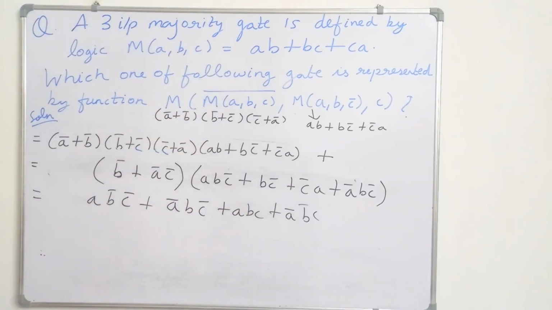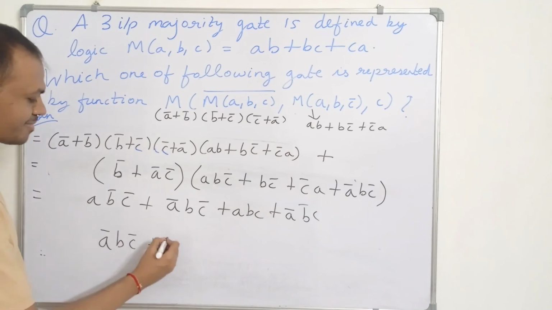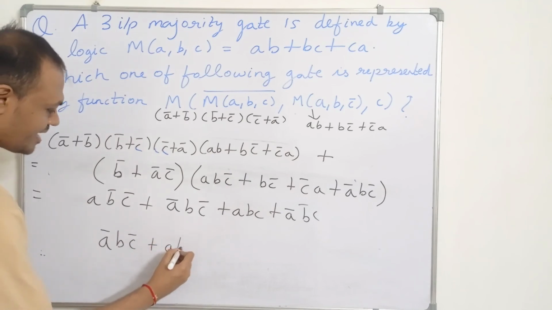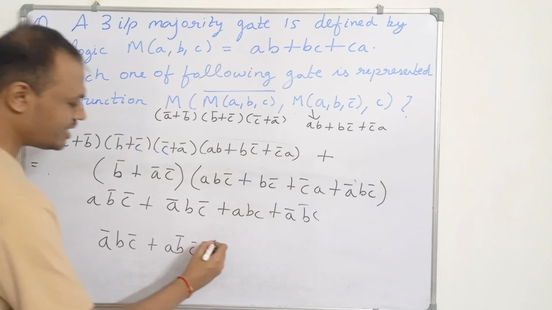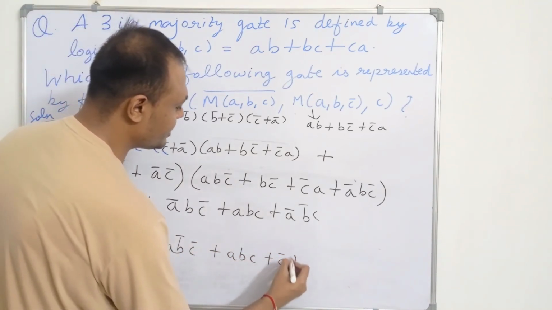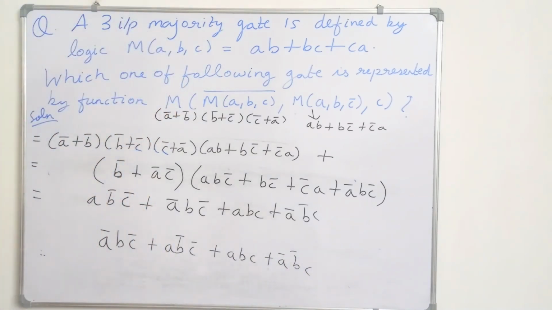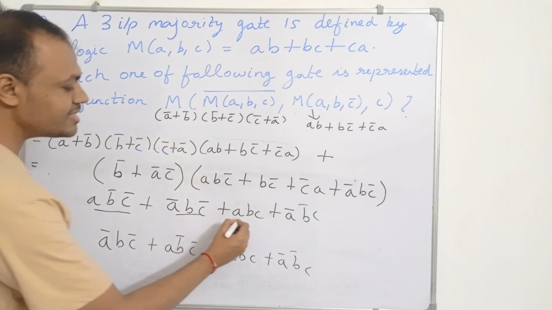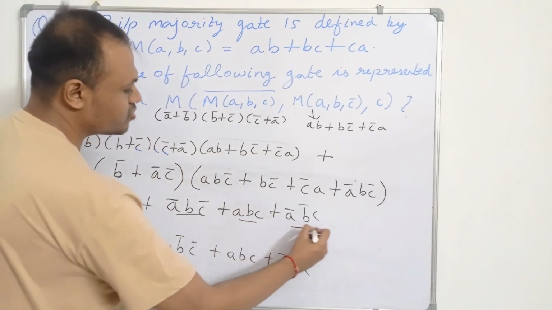As you can see, this is equal to A XOR B XOR C, because A XOR B XOR C is equal to A bar B C bar plus A B bar C bar plus ABC plus A bar B bar C. We can see A bar B C bar is appearing here, then A B bar C bar is also appearing, then ABC is also appearing, then A bar B bar C is also appearing.